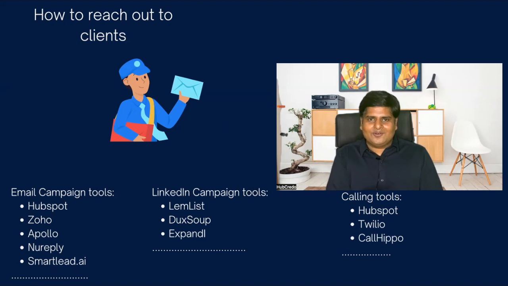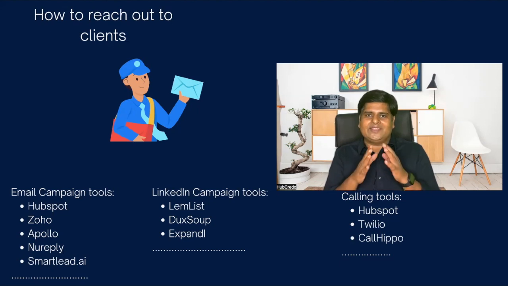Now, as I told you, if you are going to do it manually, it becomes a nightmare. The kind of numbers they give you to do on a daily basis, you cannot do it manually. And many times these tasks are so repetitive that if you are doing it manually, you will basically feel bored. That's where these tools again come into the picture. When we talk about email, we use various kinds of email campaign tools.